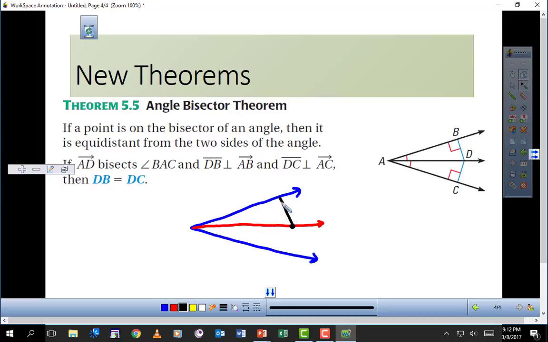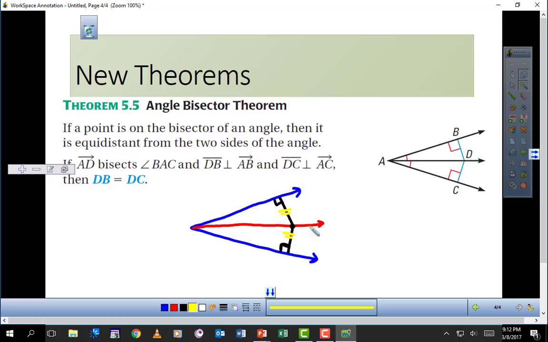So it makes a right angle right there, bam. And it's the shortest path. And likewise, the same point can go to this side over here. And it's got to make the shortest path, right? So it makes a short path right there, and it makes a right angle there. Okay, so what are we going to say now? What we'd like to say is that these 2 sides here are congruent, right?